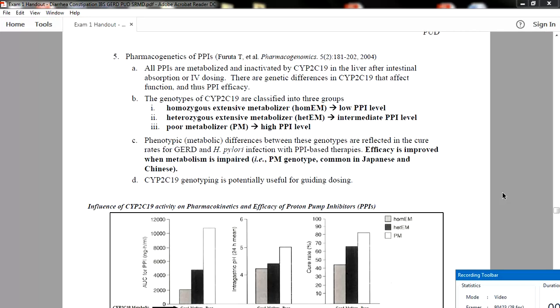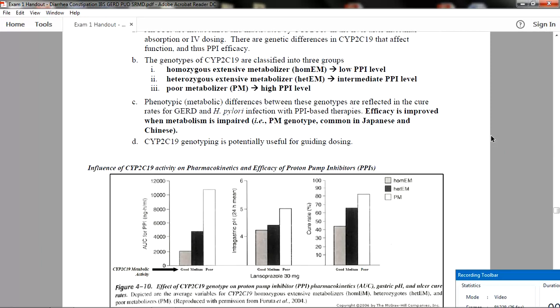I said don't worry too much about this, but when it comes to the pharmacogenomics, I do want you to understand it, so I apologize for that. Regardless of route, the liver at some point will get exposed to these PPIs and they will be metabolized.